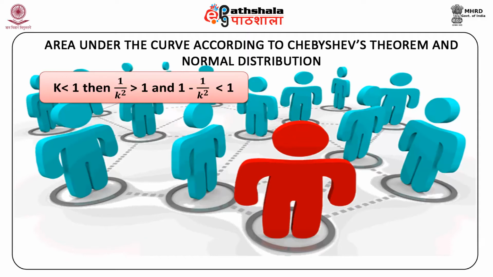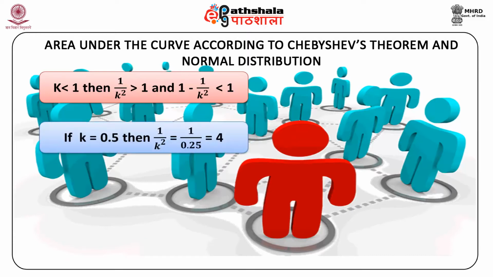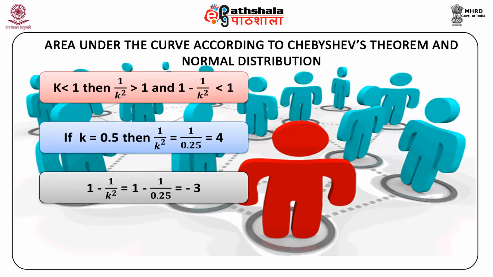For example, if k is equal to 0.5, then 1 upon k square is equal to 1 upon 0.25 is equal to 4 and 1 minus 1 upon k square is equal to 1 minus 4 is equal to minus 3.